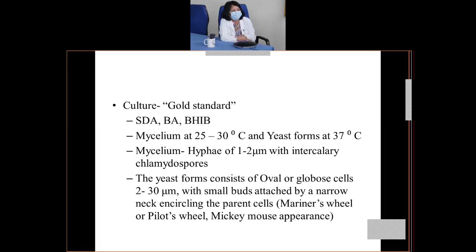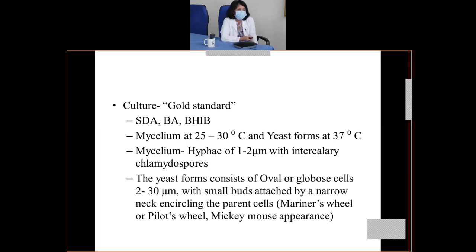So the mycelium or the hyphae, if you look at the growth in the culture media, there'll be hyphae of 1 to 2 micrometer with intercalary chlamydospores. So there'll be spores which are known as chlamydospores, and when you examine the yeast cells, it'll consist of oval or globose cells.